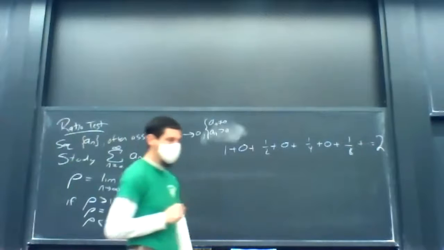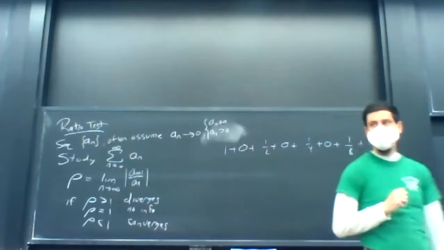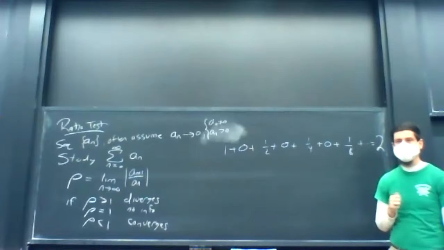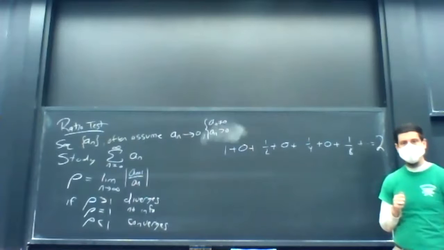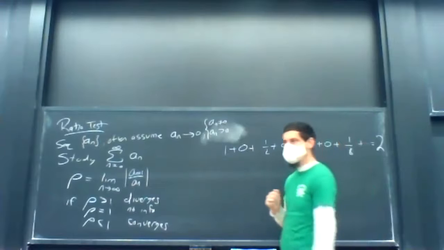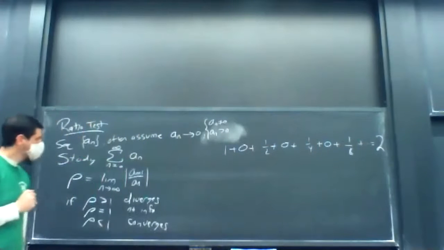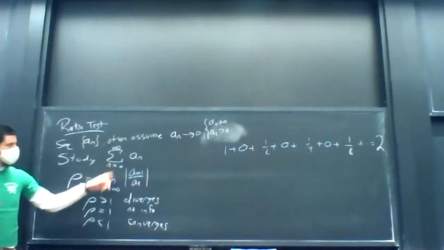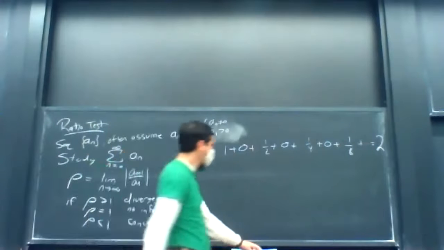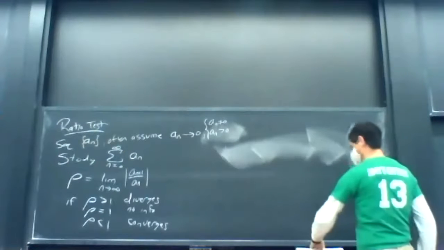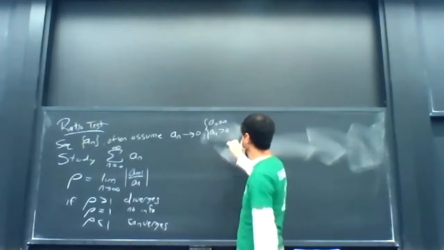All we have to do is compute this one number, and that will tell us if the corresponding series, if the sum of the terms, converges, diverges, or if we're unfortunate and we have to do another test. And the reason it works is it's essentially comparing a_n to a geometric series. So I'm going to just give a quick sketch, not too rigorous.